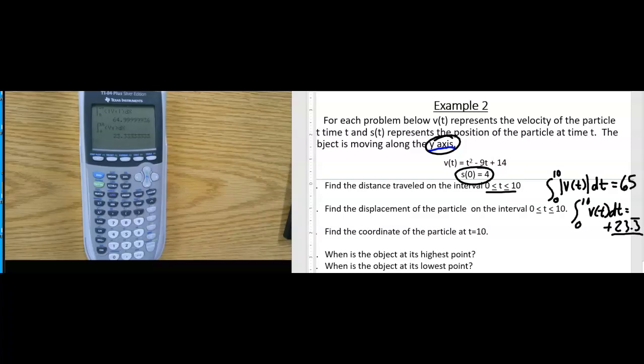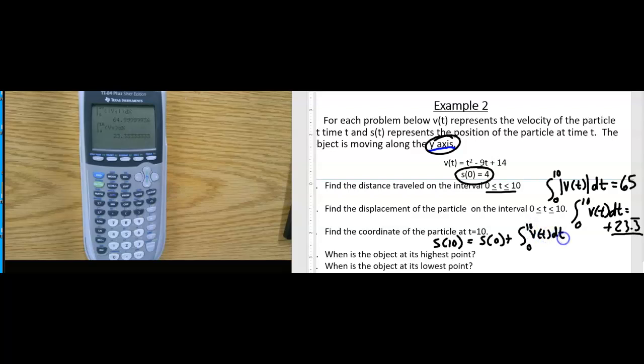So now we want to actually find the coordinate of the particle at that time. Well, the coordinate, in other words, s of 10, the position of the particle at that time, is equal to the object's starting position plus its displacement over that interval.